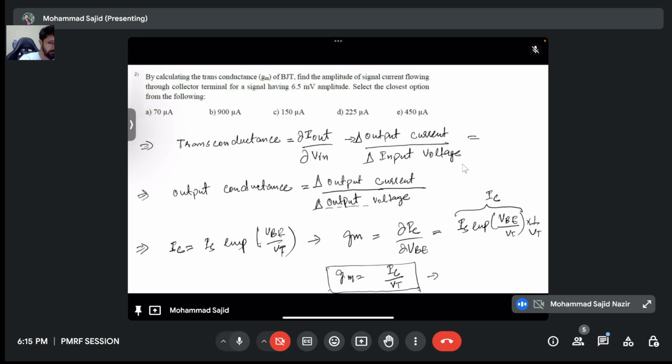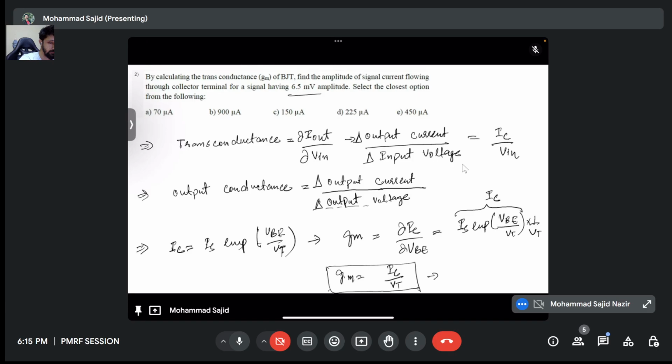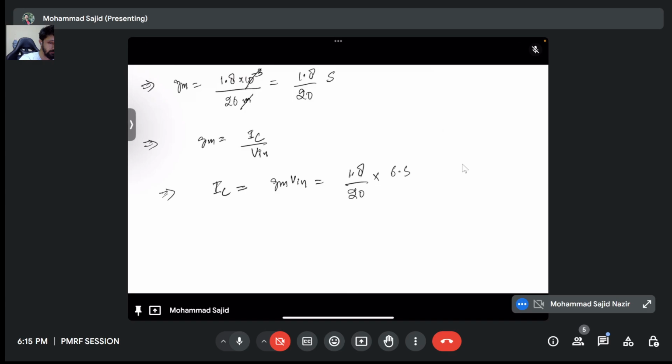Okay, addition. So it will be IC by V in. Here IC is a small signal and V in is small signal. So GM is 1.8 by 20 multiply V in. The question says V in is 6.5 millivolt.